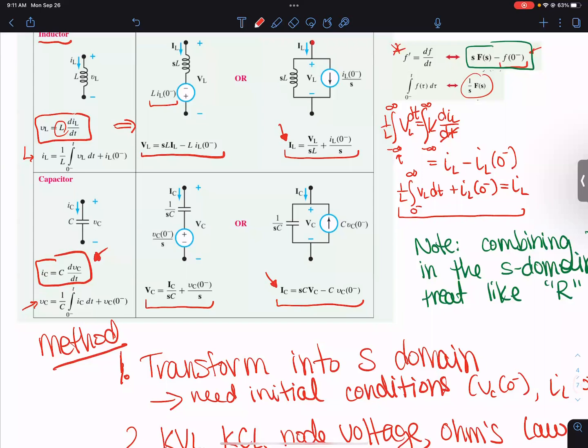So as I do a summation here, IL goes in, and then VL over SL was a plus, and then a plus IL of 0 minus over S means that it has to go down for the first one. And then for the minus one on the bottom, it would have to go in to give you the minus. Does that make sense?